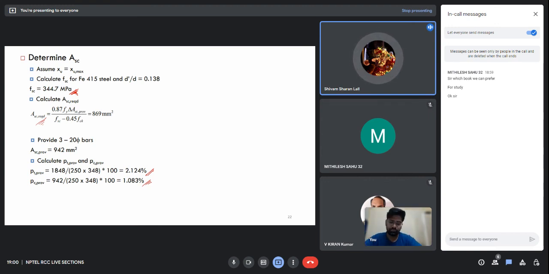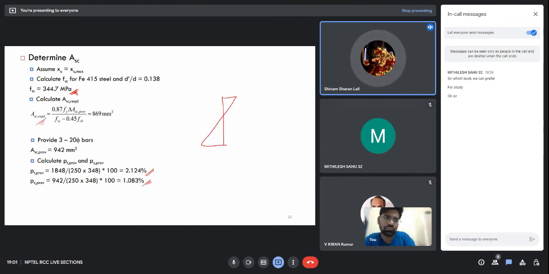We have the assumption that the maximum strain in the concrete at the outermost compression fiber is 0.0035, and the maximum strain in the tension reinforcement is 0.002 plus 0.87 fy upon Es.